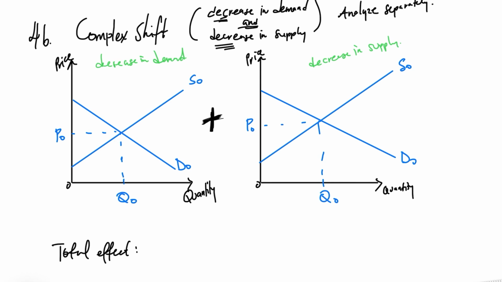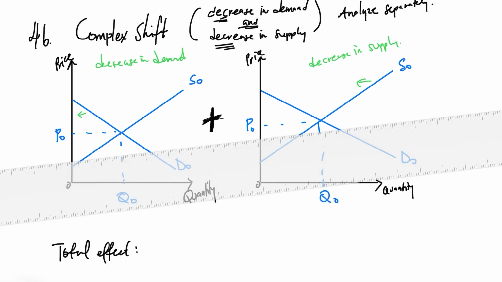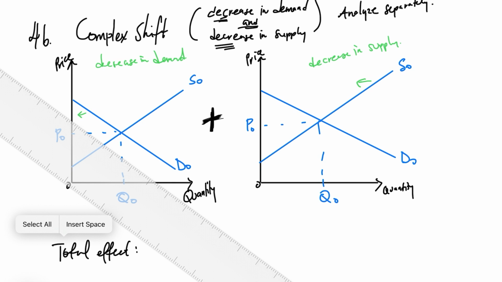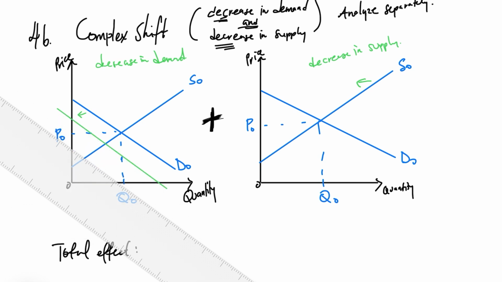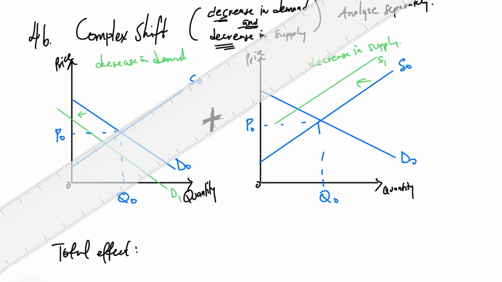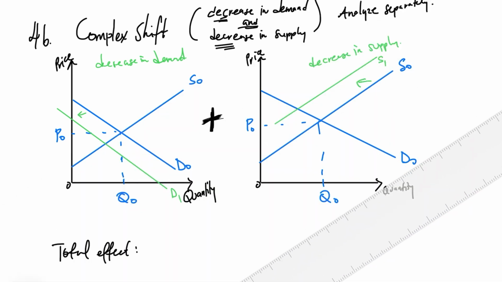Okay, so using the ruler, we will draw that. Decrease in demand, we see the demand curve shifts to the left. Decrease in supply, we see the supply curve shifts to the left, like that. So let's draw the demand curve decreasing and label that D1. Let's draw the supply curve decreasing and label that S1.